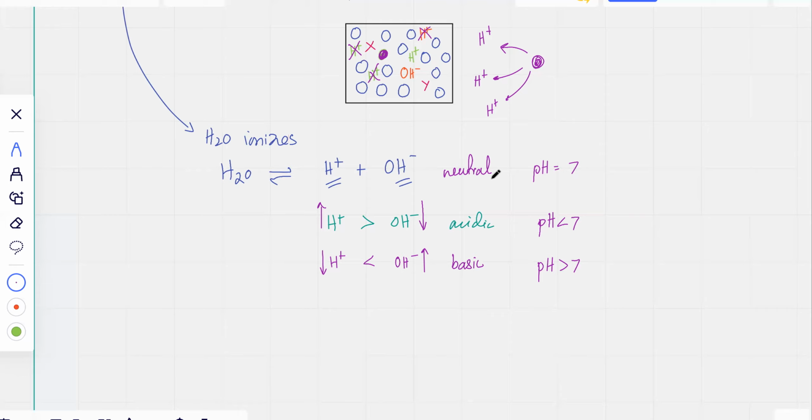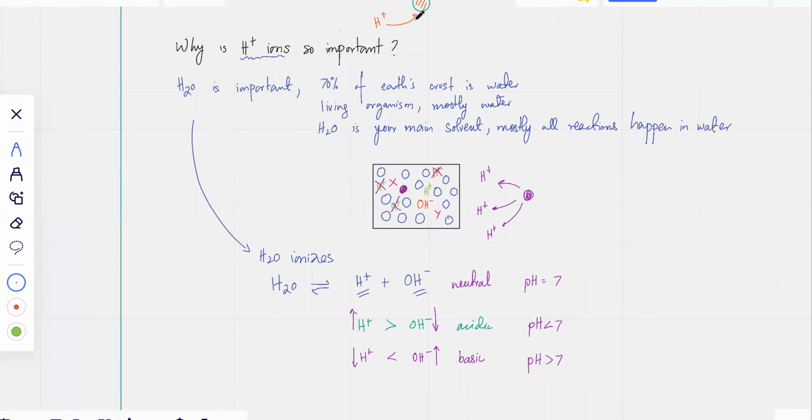So every reaction requires a particular combination of H+ and OH- ions. Which is why acids and bases are extremely important in chemistry, because that's the first thing you always check, whether the pH is the correct pH or not. So that's the story behind acids and bases.